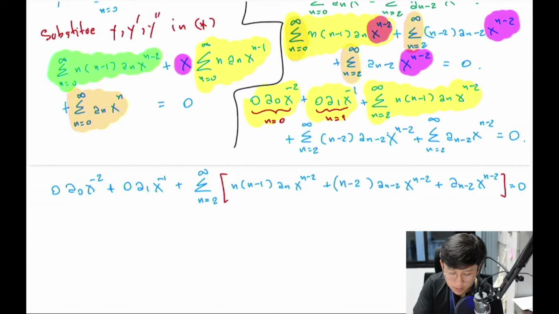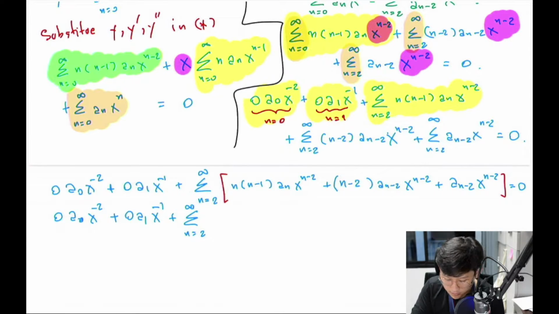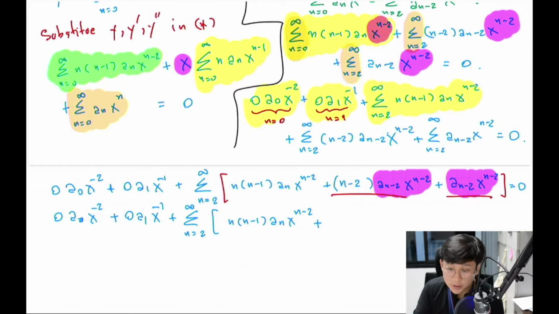So after that I would write 0·a0 x^{-2} plus 0·a1 x^{-1} plus summation n from 2 to infinity of n minus 1 a_n x^{n-2} plus these terms, which I can get together because they have the same a_{n-2} x^{n-2}.